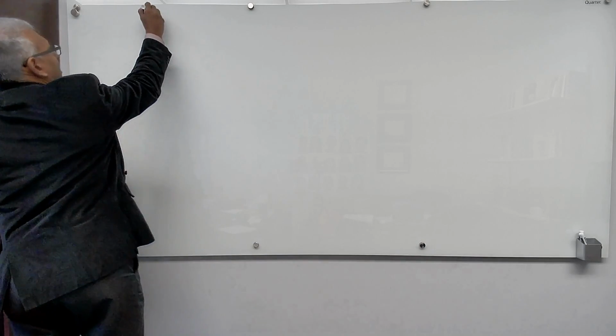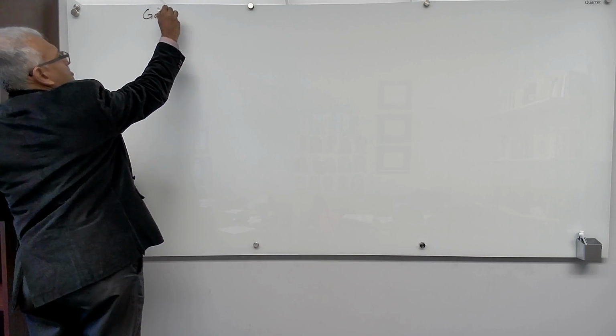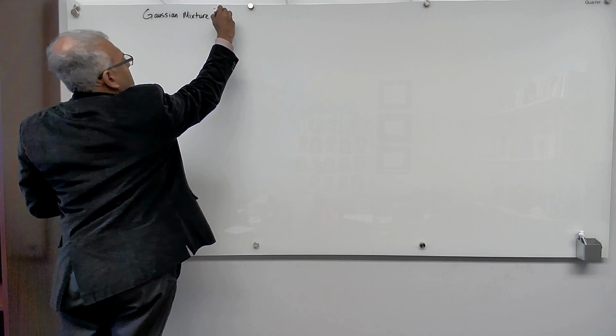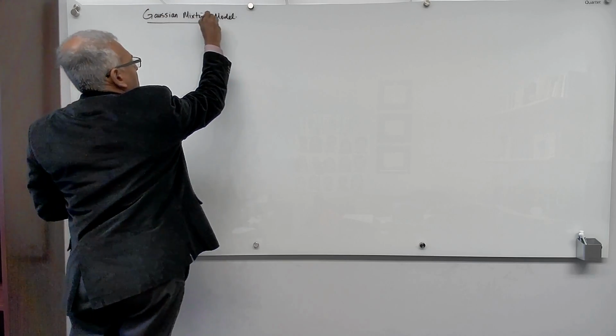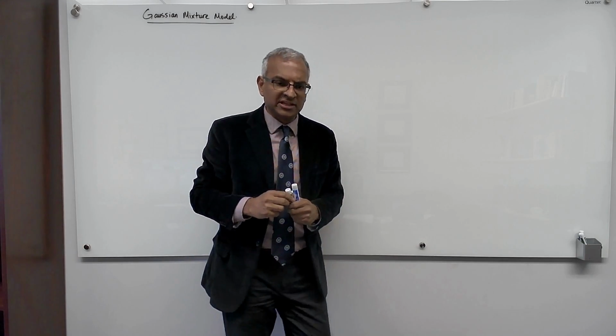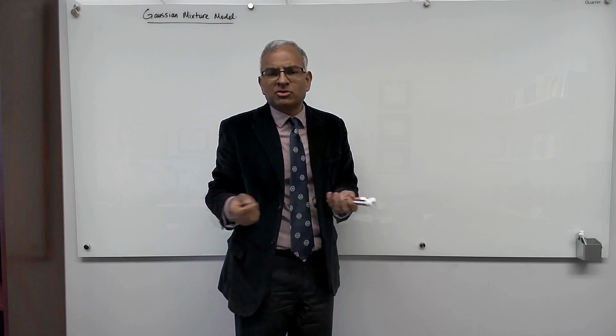We are going to talk about the Gaussian Mixture Model. Now, I showed you the Parzen windows, which puts a bump on every data point. That's kind of like the non-parametric RBF.